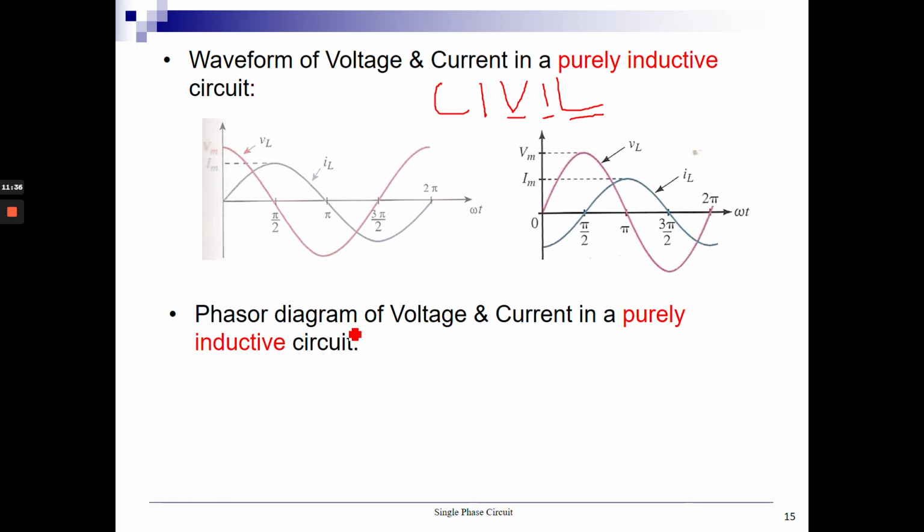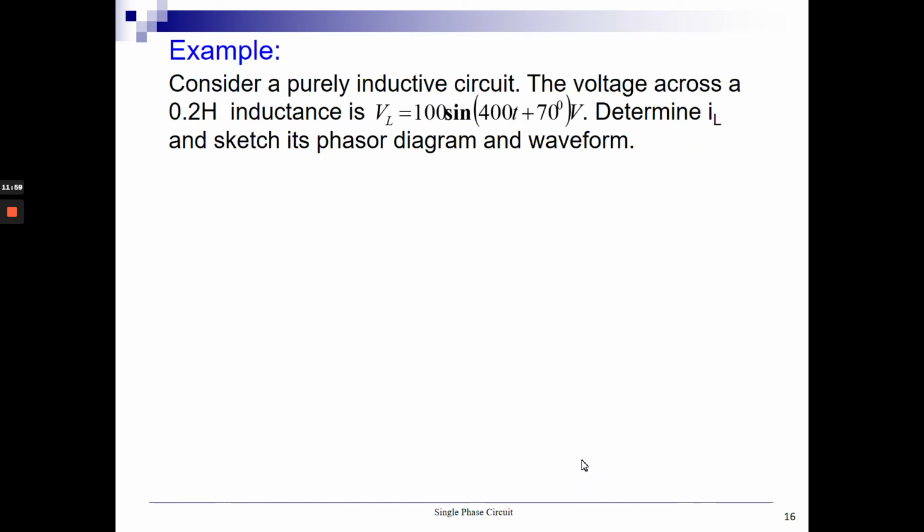So how are we going to draw the phasor diagram? V is leading I with 90 degrees phase difference, or I lags V by 90 degrees.